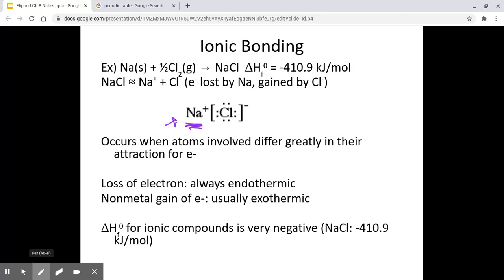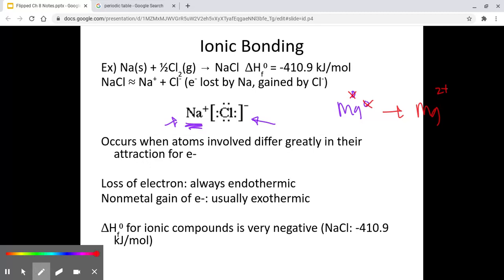On the other hand, if something gains electrons, you draw all the dots plus brackets and a charge. So if magnesium, which starts like this, loses its 2 electrons, you're going to draw magnesium with no valence electrons and a 2 plus charge.